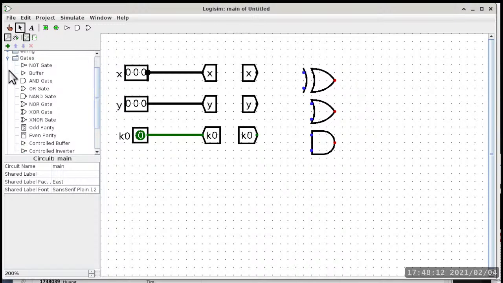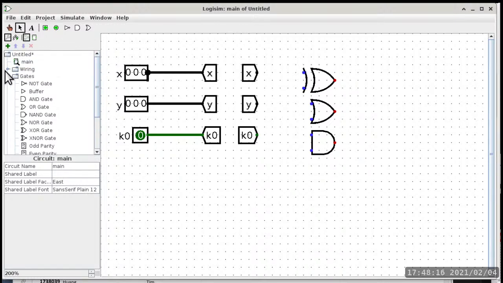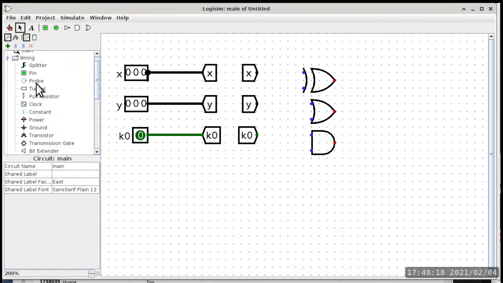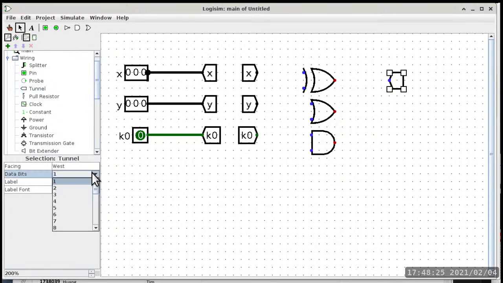And then we go back and make more tunnels. We go back to wiring, and then we pick up 3 more tunnels over here. When we have a 3-bit tunnel called P, that means inside we have P0, P1, and P2.